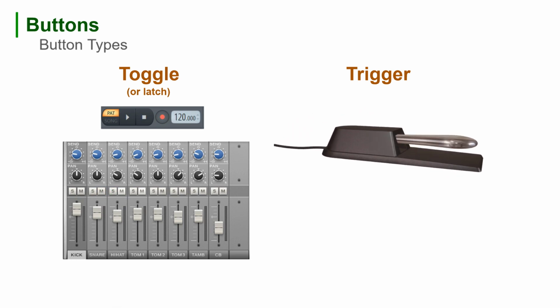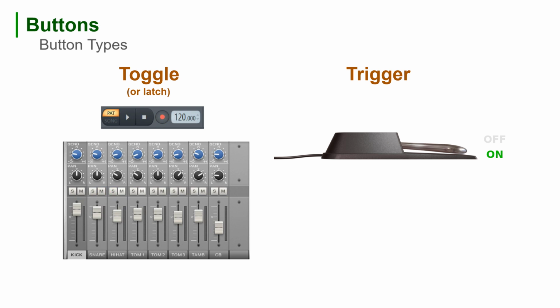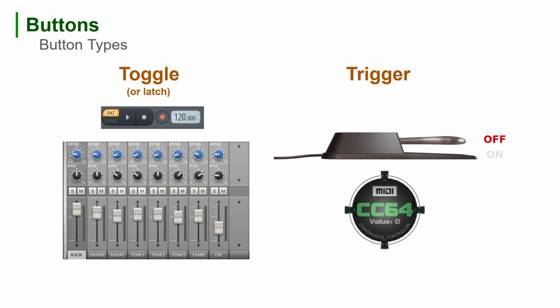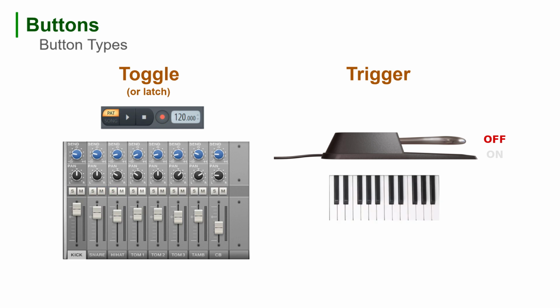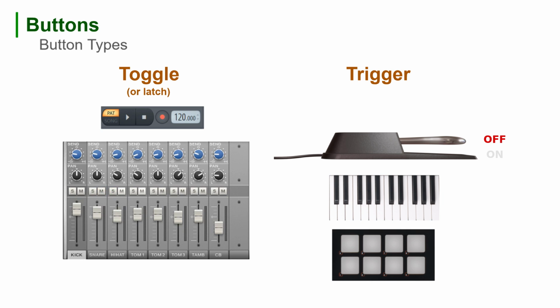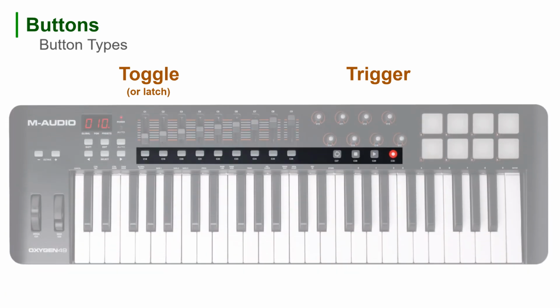As long as the pedal is held down, sustain is activated, and as soon as the pedal is released, it's deactivated. Under the hood, the Oxygen will send a CC64 message with a value of 127, or on, when the pedal is pressed, and another CC64 message with a value of 0 when the pedal is released. Another example of this is MIDI note on and note off messages sent by the Keybed or the drum pads. The button controllers on the Oxygen can be configured to operate in either one of these modes, so let's take a quick look at each.